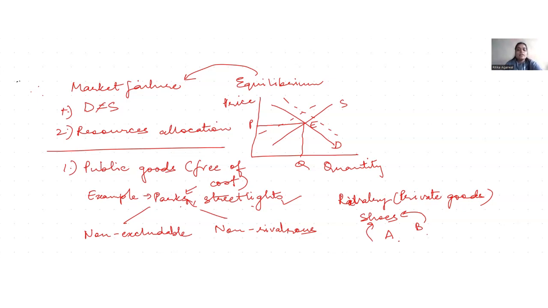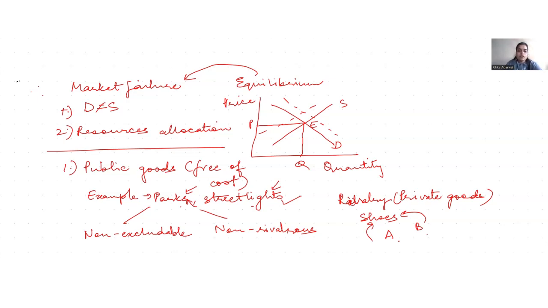On the other hand, the government has to pay a huge sum of money to make that park more beautiful, or to build it in the first place, to set up street lights, to spend on national defense, to give out all the freebies that the government gives out. So it is bearing the cost that the people should have borne, right? So public goods are considered to be one major type of market failure.